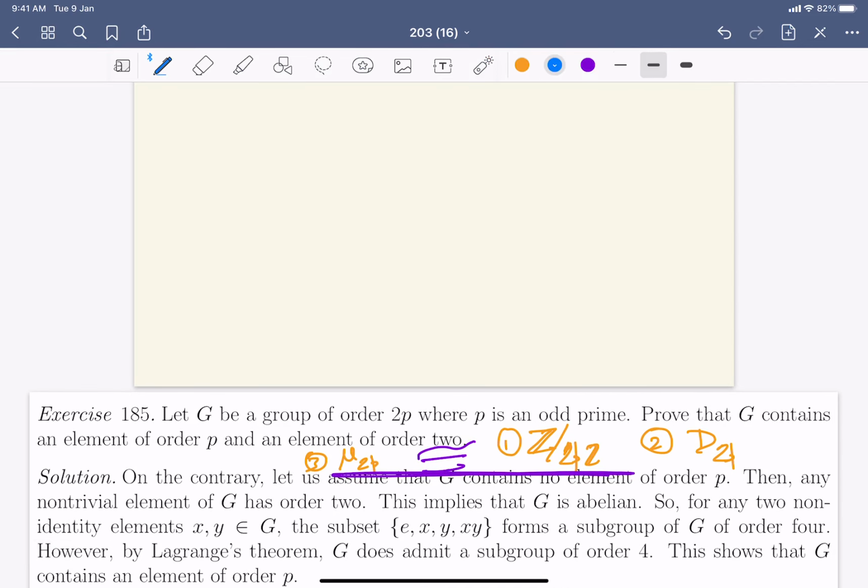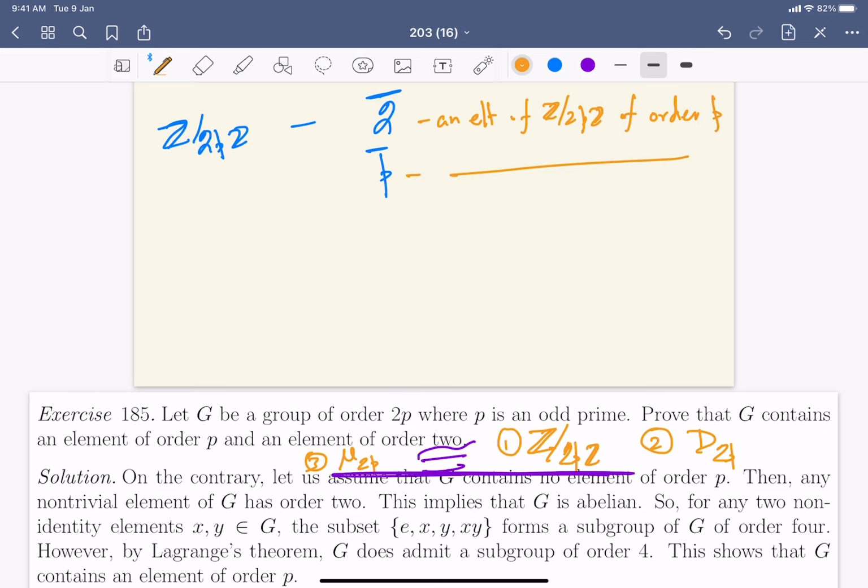Anyway, let's look at the group Z mod 2pZ, and if you look at the element 2 bar, the mod 2p congruence class of 2, and the element p bar, then the first is an element of Z mod 2pZ of order p, as one can show, and the second is an element of order 2.